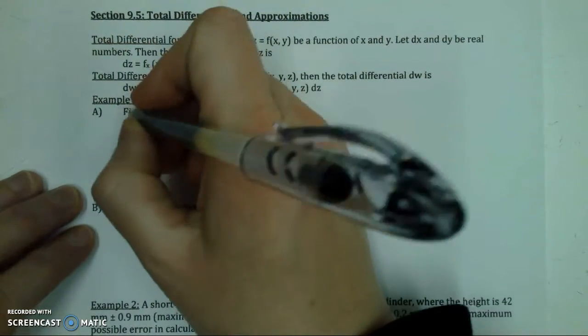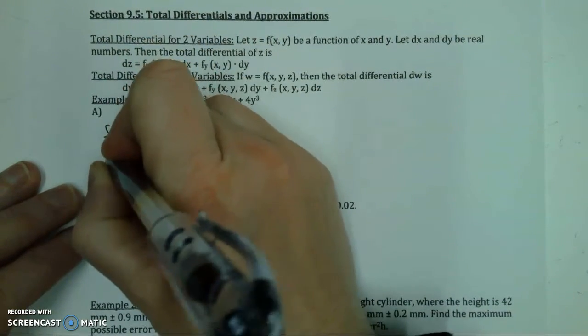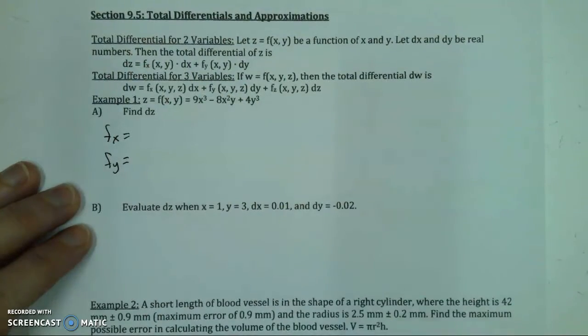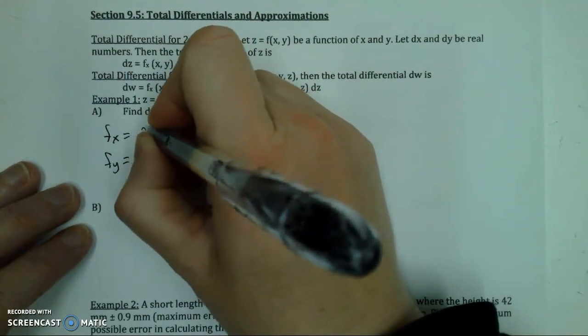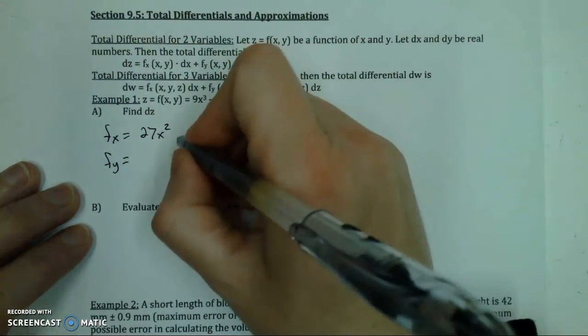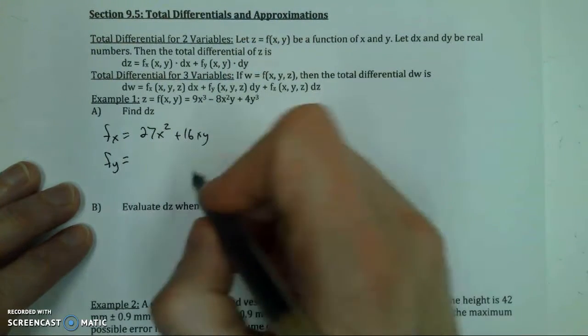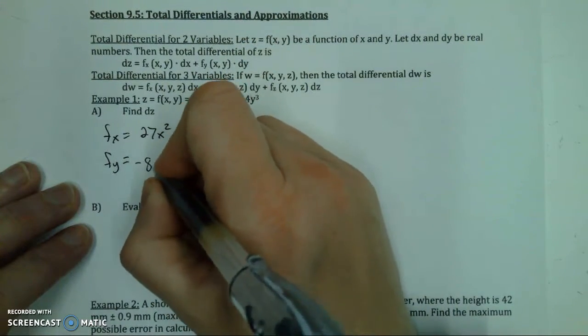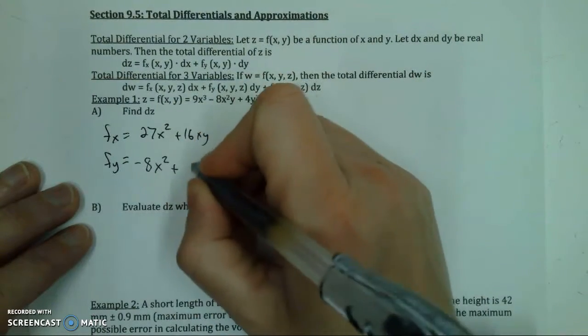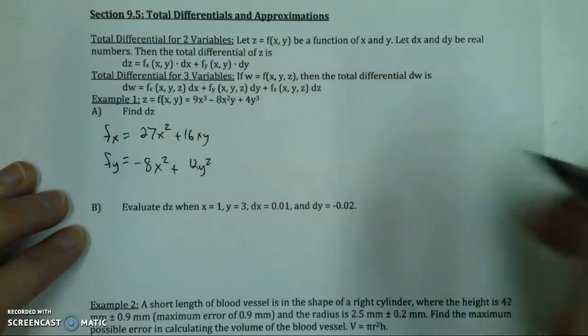So to find dz, let's start by finding our 2 partials. The partial at x is going to be 27x squared plus 16xy, and the partial at y is going to be negative 8x squared plus 12y squared.